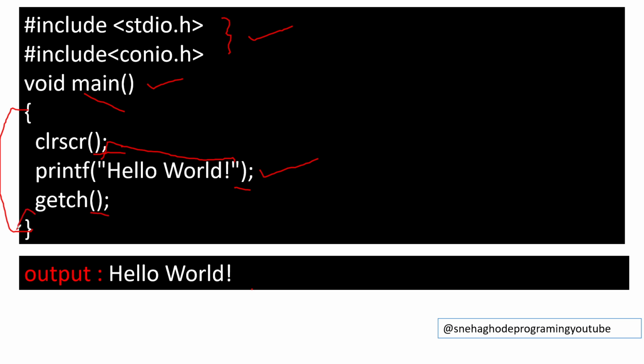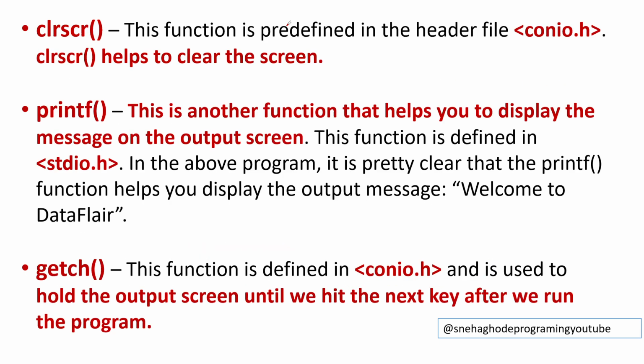Always we have to give this opening and closing bracket, so that it declares the body of that main function. A program always starts with the main function, and first of all we have to include the header files, that is, the preprocessors. Okay, so I hope this is clear for everyone.